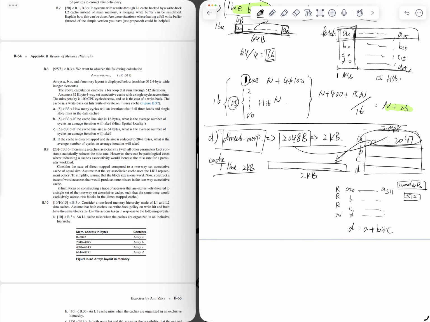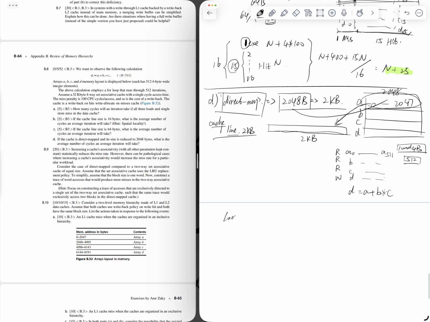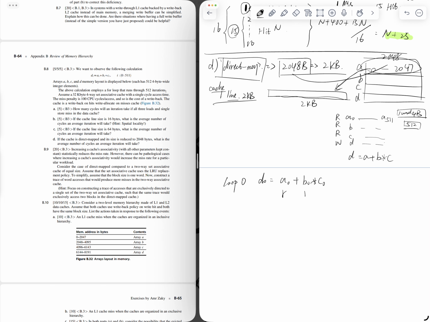So let's analyze. For example, in the first loop, loop 0, D0 will want to fetch A0, B0, and C0. Initially, our 2 KB cache line is blank, right? So when we want to read A, we will read from the main memory the whole A array, or the whole line, from A0 to A511.